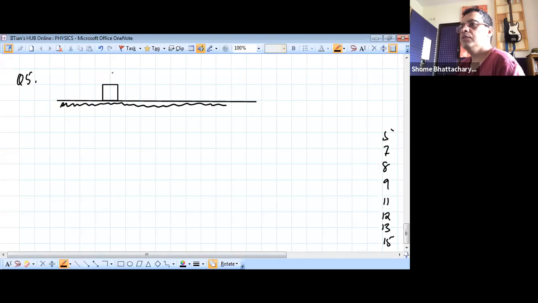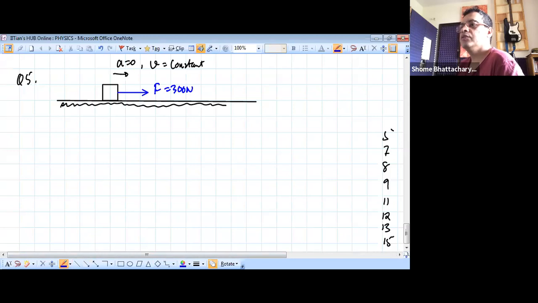Okay. So even when this is moving with zero acceleration, with constant velocity, we are having to apply some force on it. In fact, that force is 300 Newton.